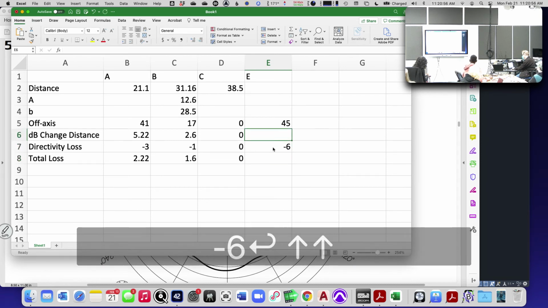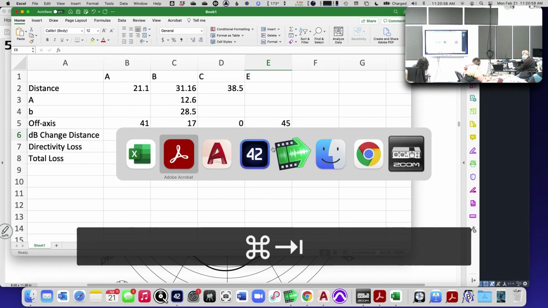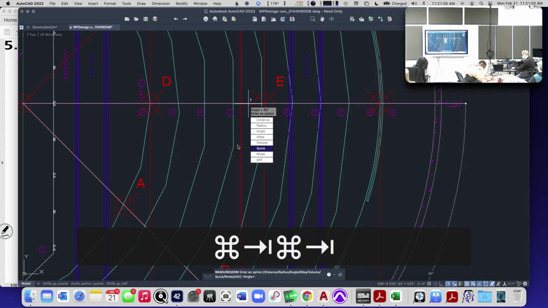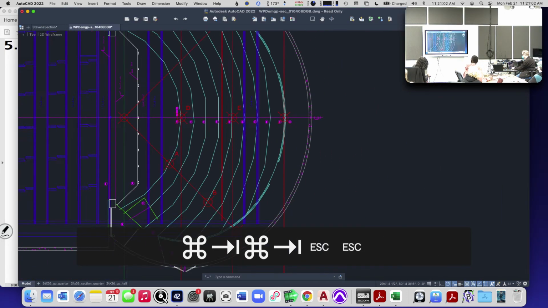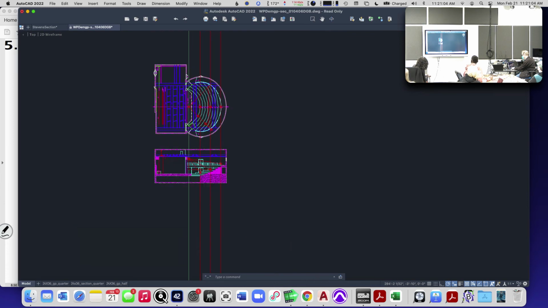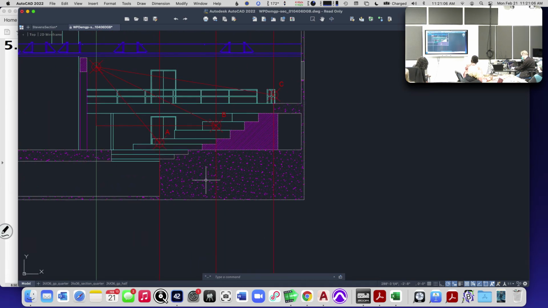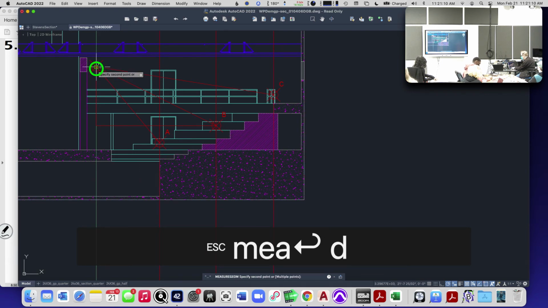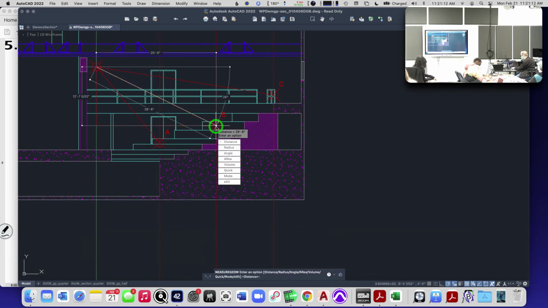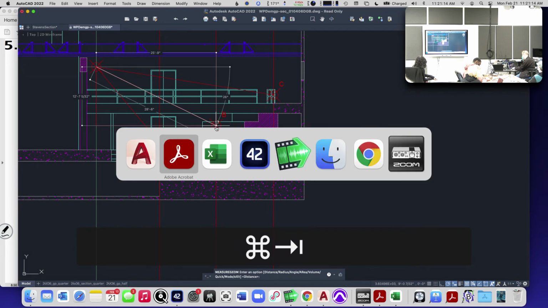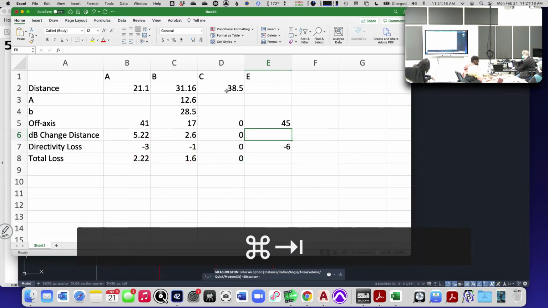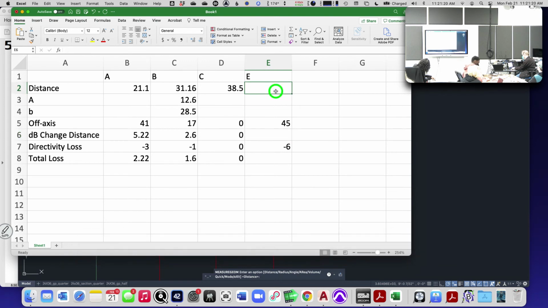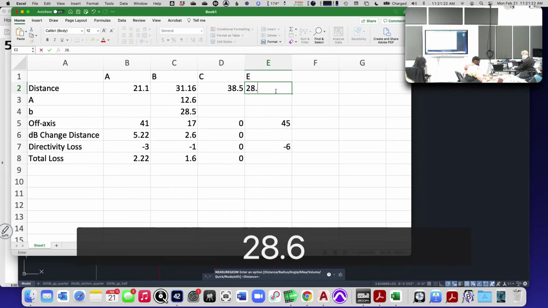The difference in distance, well, we know that. We can get that straight off the section, which I deleted. Let's measure it again real quick. Measure geometry from here to there, 28 feet 8 inches. So that's going to be 28.65-ish.